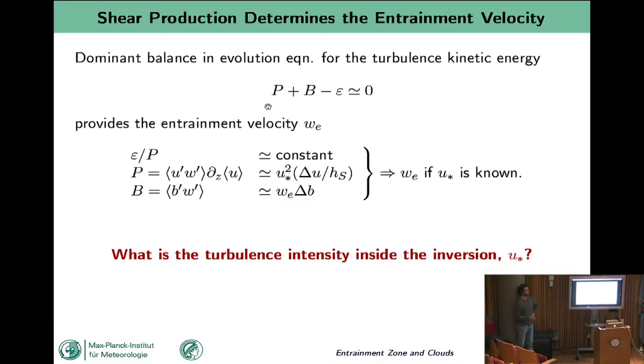And the buoyancy flux can be related, by analyzing the mean buoyancy equation, to the entrainment velocity, the rate at which the cloud or the turbulent region penetrates upwards. And in the end, it turns out that if you are able to estimate the characteristic velocity of the turbulence inside of the shear-dominated region, I call it U star, you are able to estimate the entrainment velocity.